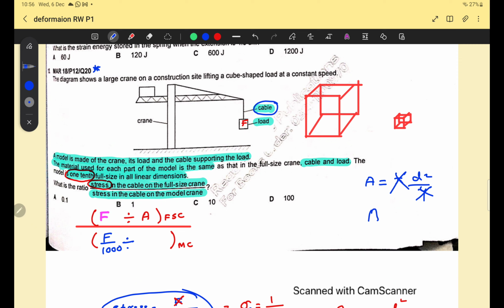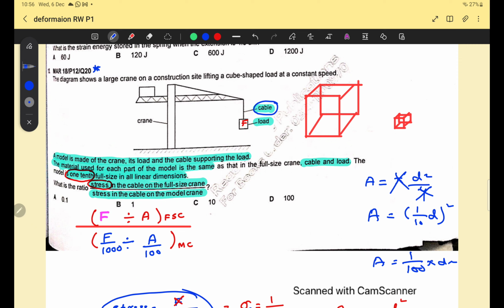Actually, diameter is reduced by 1 upon 10, and if diameter is reduced by 1 upon 10, then area is reduced by 1 upon 100.